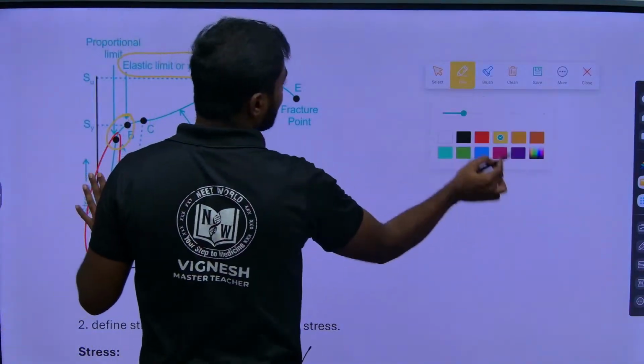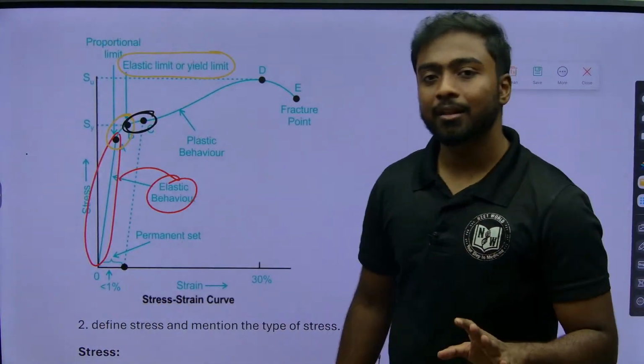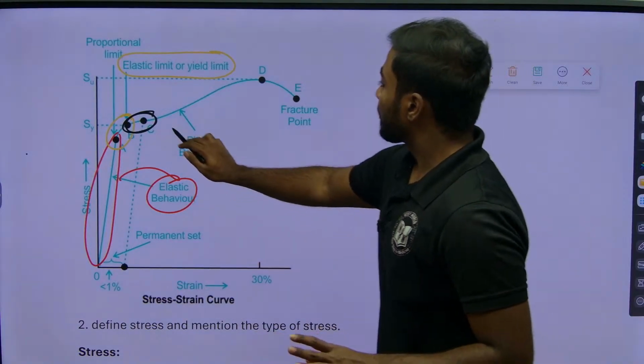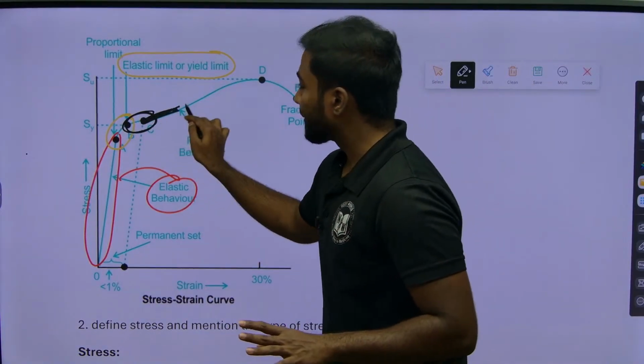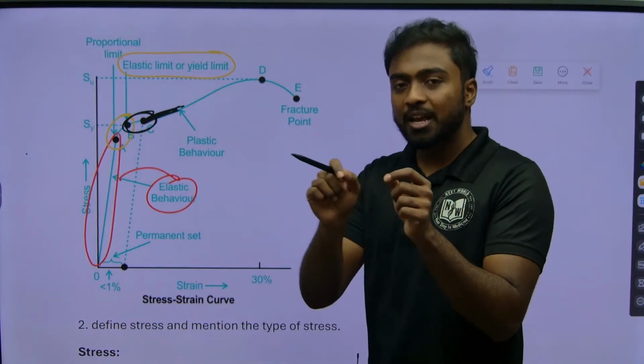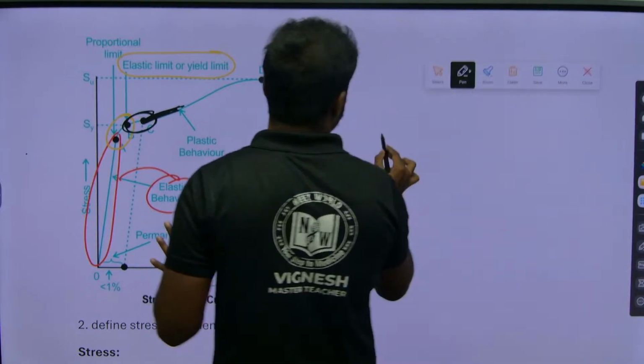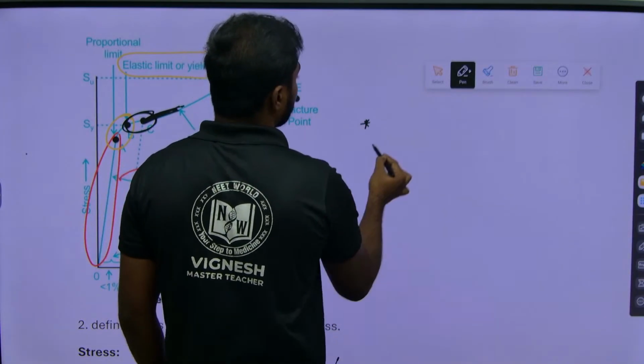What about point B and point C? In between these, it's plastic behavior, we will say. So, when I apply a force, our object's shape will be changed, but it won't return to its original shape. Let me give a point here.